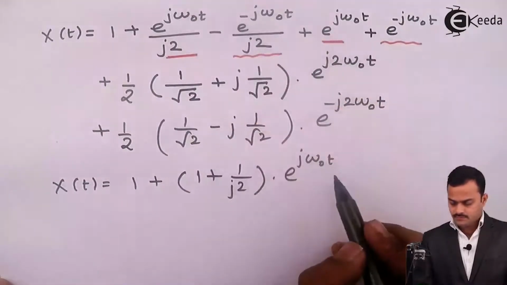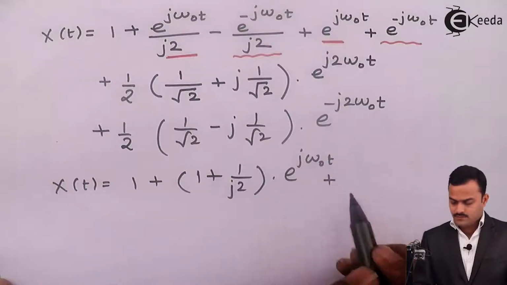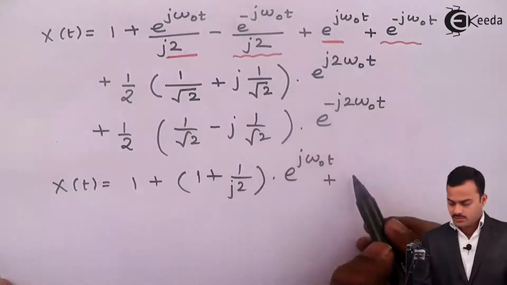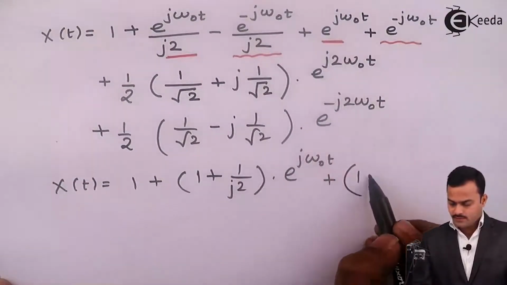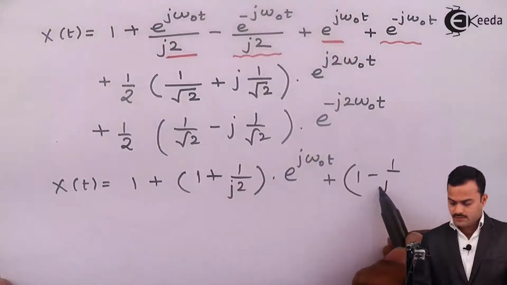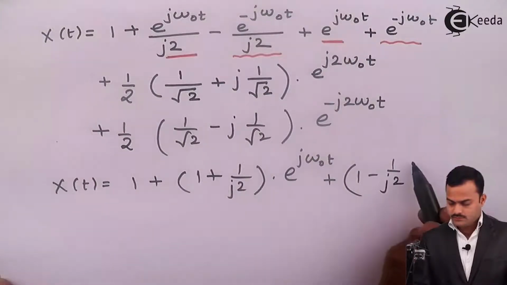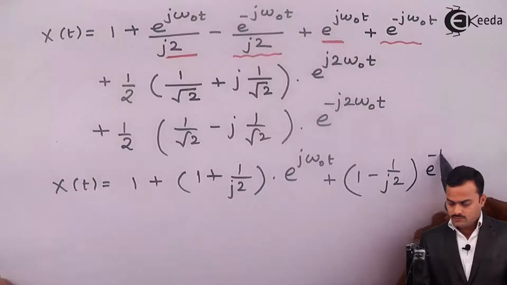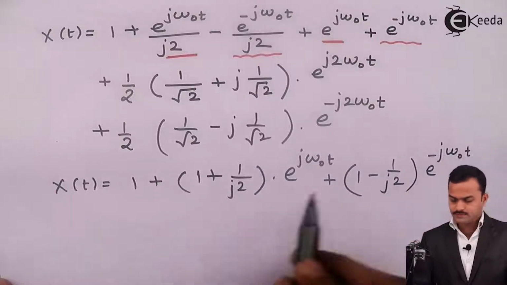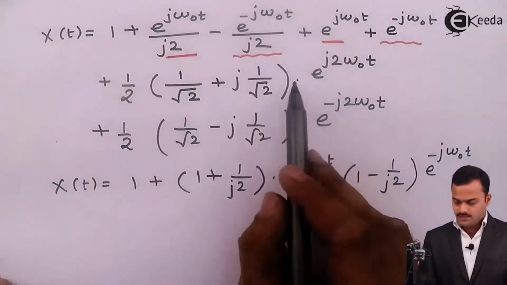Over here I can take e raised to minus j omega 0 t common, and what I will get is 1 minus 1 by j2 e raised to minus j omega 0 t, and this will remain as it is.